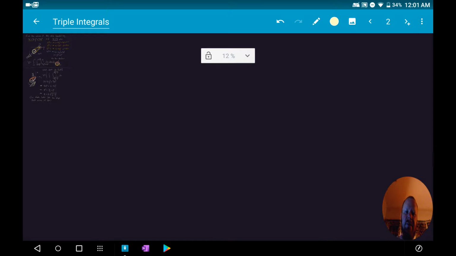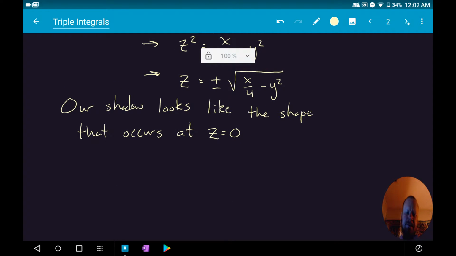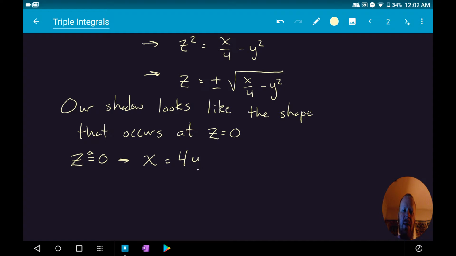But in this case, it's when z is equal to 0. So if we set z equal to 0, just a reminder from above, we get that x is equal to 4y squared.